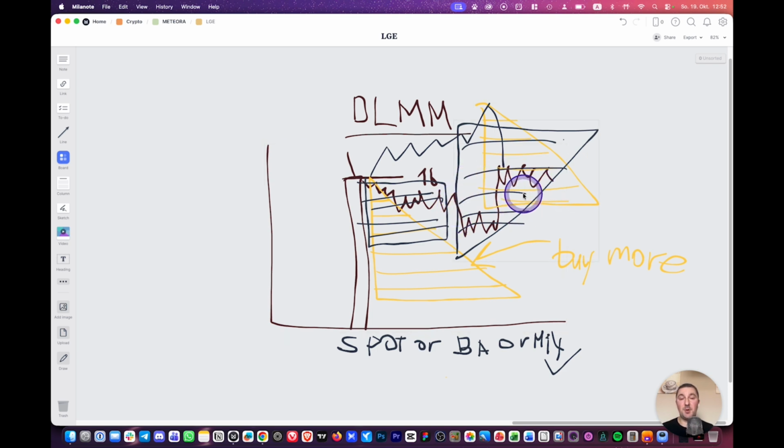So I prepare for it. So we will go for a longer sideways move, and then there will be a lot of trading volume here, and we need to catch this. And yeah, this is my play for the DLMM and the NFT position.